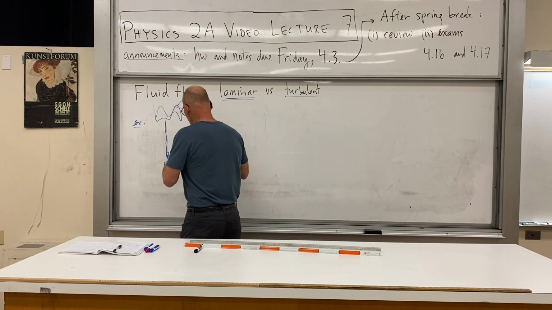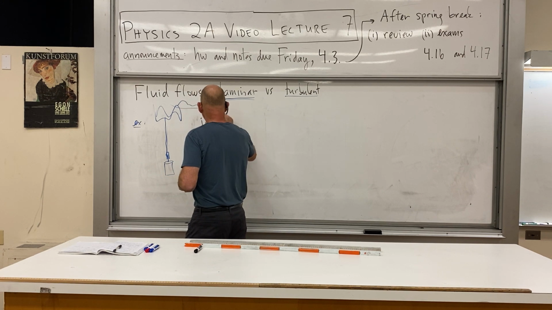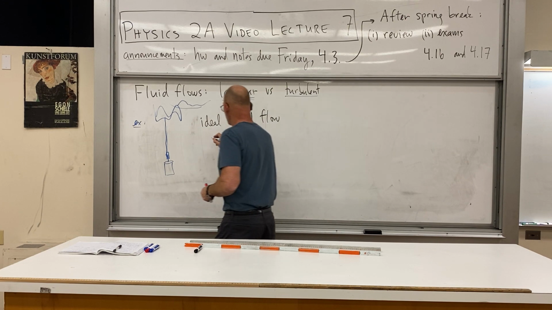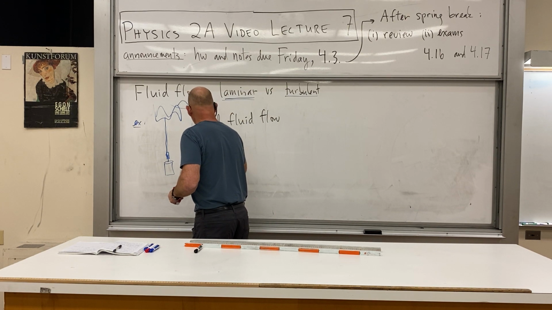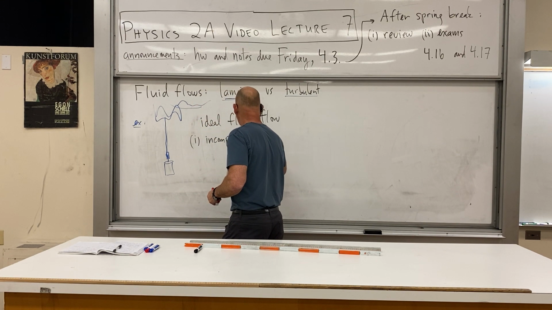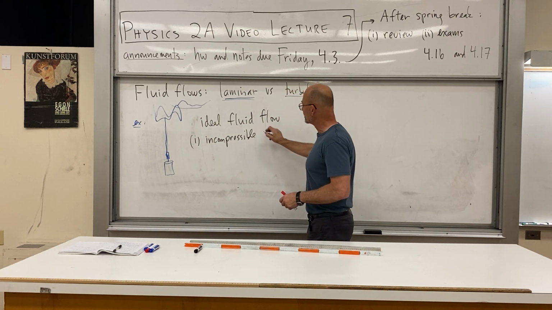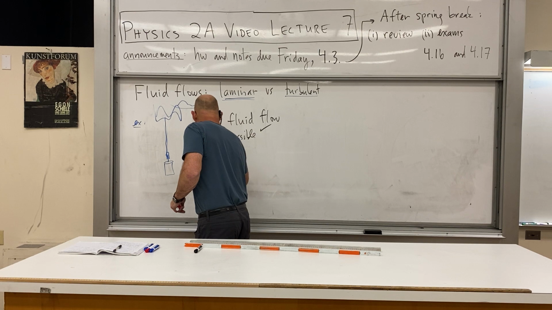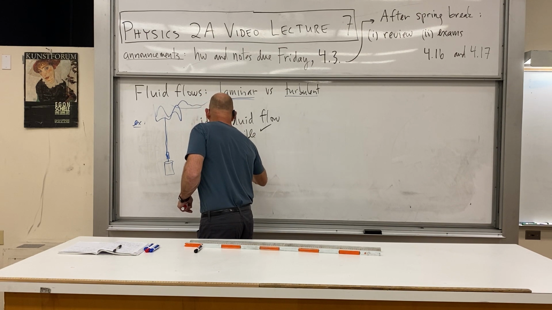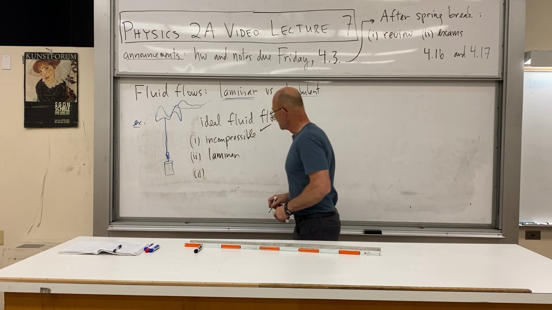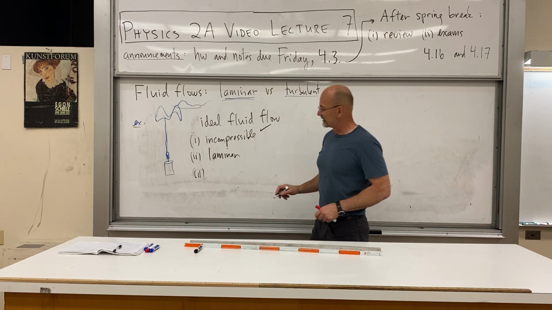So I'm going to add something to these definitions. Ideal flow, ideal fluid flow is, first of all, incompressible, we already talked about that, and then it's laminar, and we just talked about that, and finally it is frictionless.